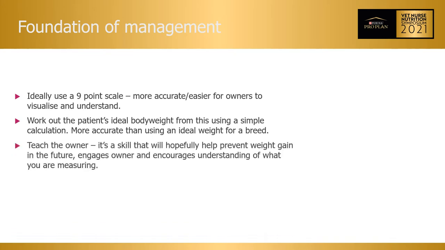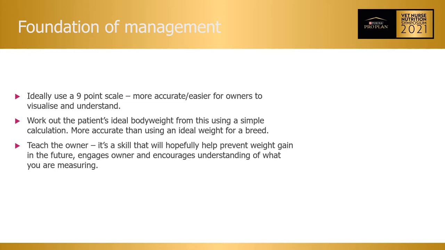And then we should teach the owner the skill of body condition scoring, because hopefully if they can accurately body condition score their own animal, then this will prevent any weight gain in the future. So we know that any animal that has been overweight or obese and then has lost the weight is at more risk of regaining that weight in the future.